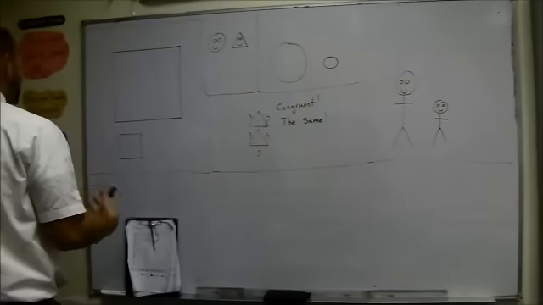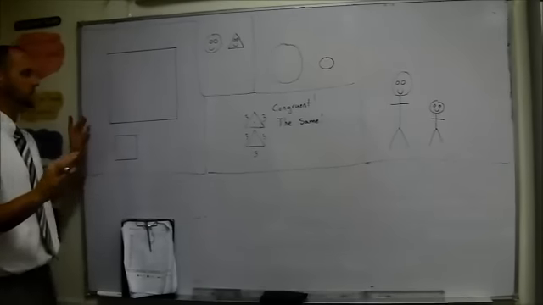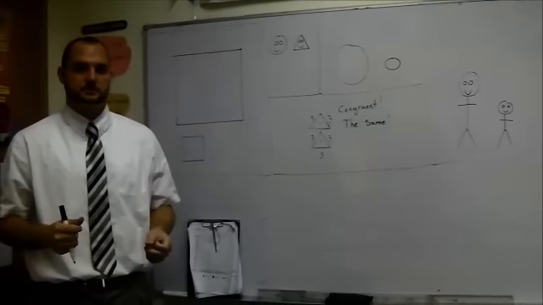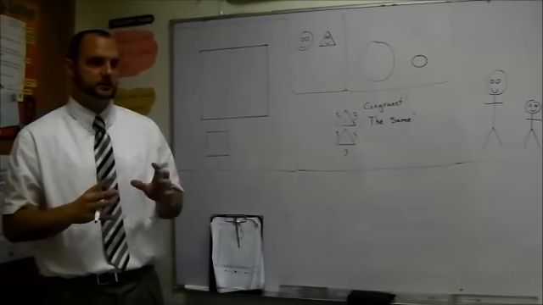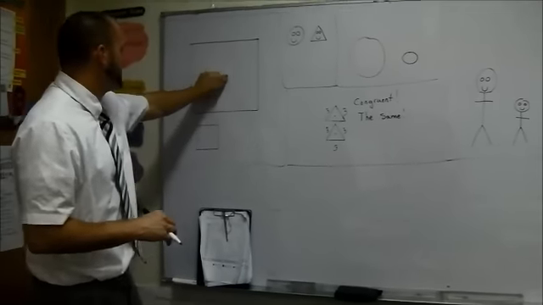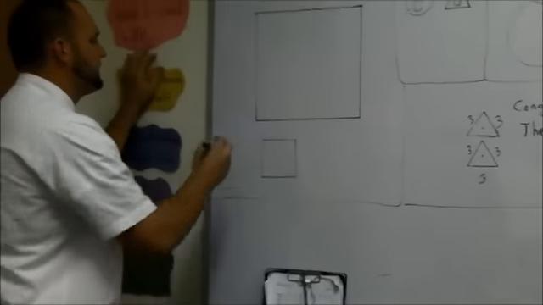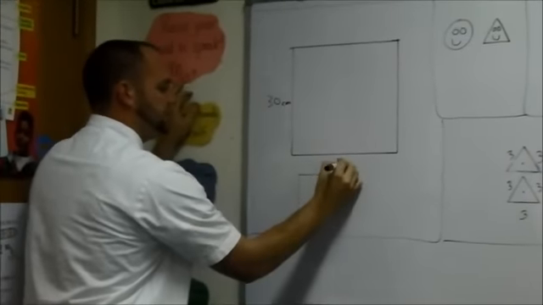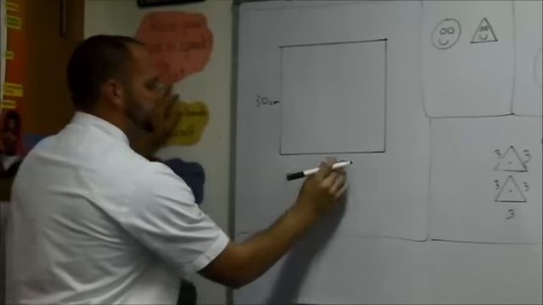Similar means a little bit different. Similar means that they are the same shape, but maybe they're different sizes. Maybe they look a little bit different. Okay, well, let's take a look at this first picture here. We have one square, and I believe this square is 30 centimeters on each side. Oops, not 3, 30.